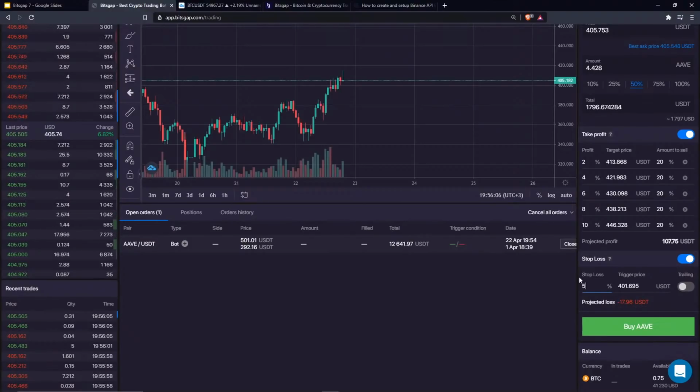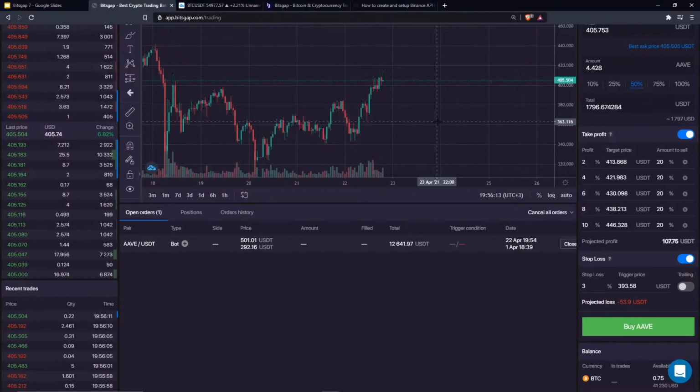And the stop loss, it calculates the exact risk that you take. And as a rule of thumb, I always urge you to trade only if the potential profit is bigger than the projected loss. Because otherwise, if your risk is higher than the potential profit, it literally makes no sense from the risk management standpoint to trade this coin.